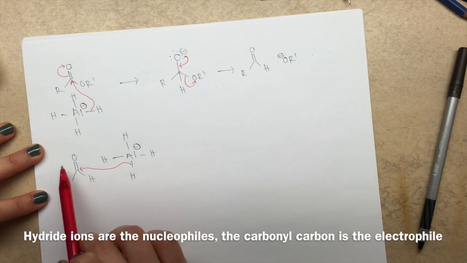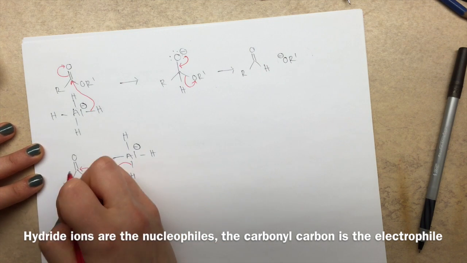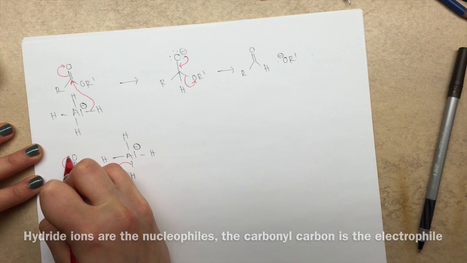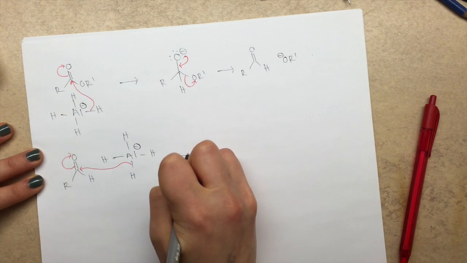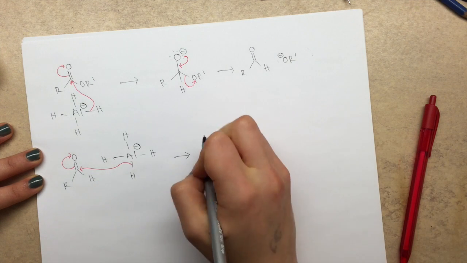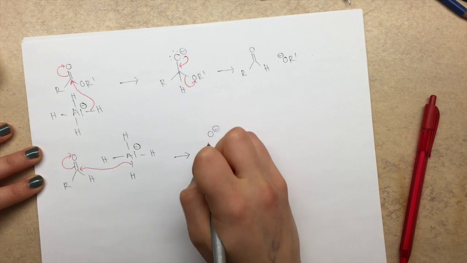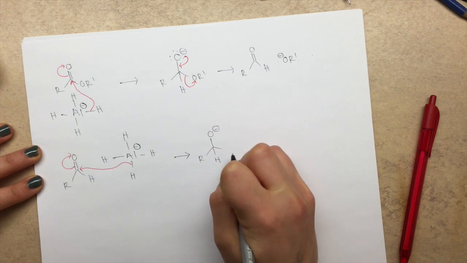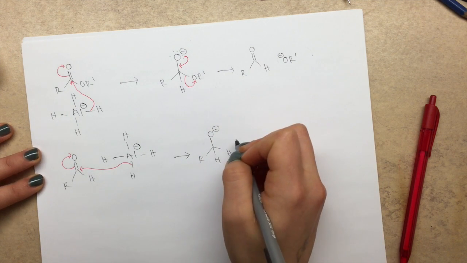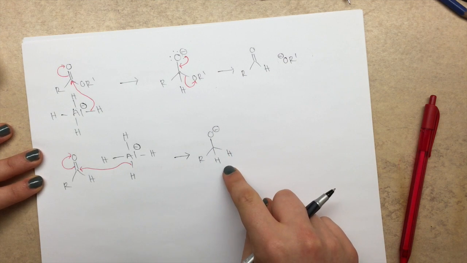Or sorry, these are the nucleophilic, this is the electrophilic one. And then this is going to come up here, and we are going to form a negatively charged oxygen with this compound. So this is almost a primary alcohol.